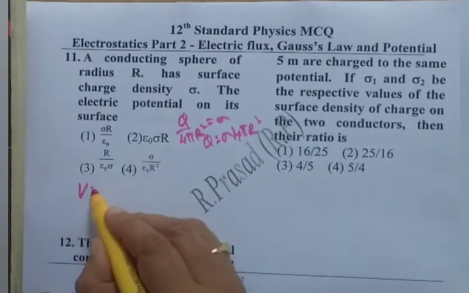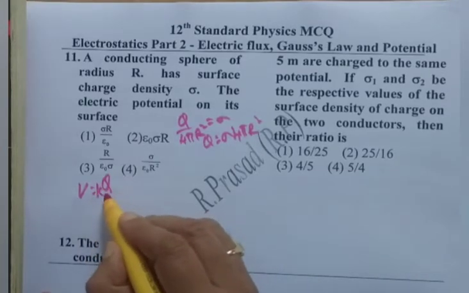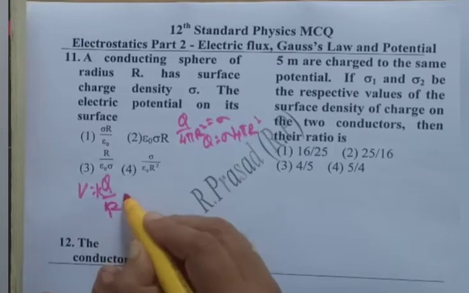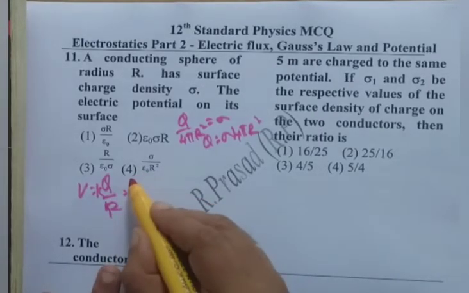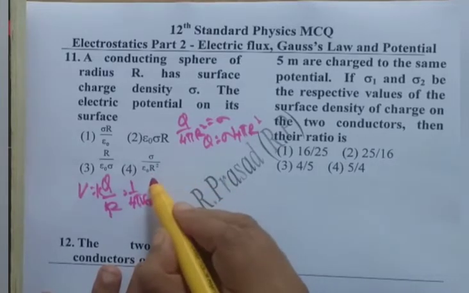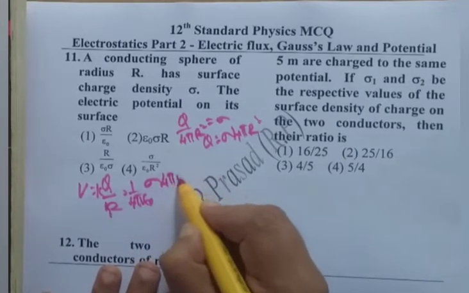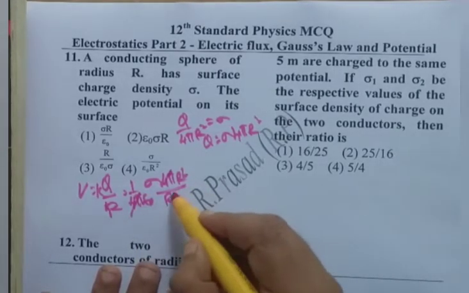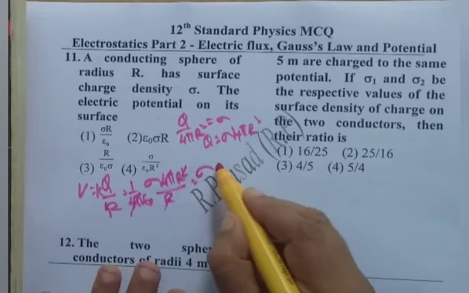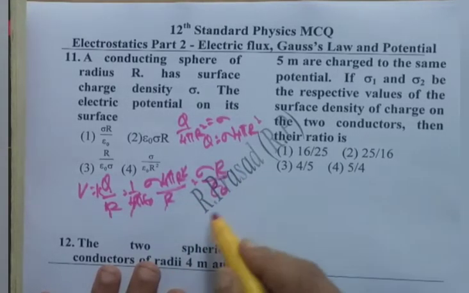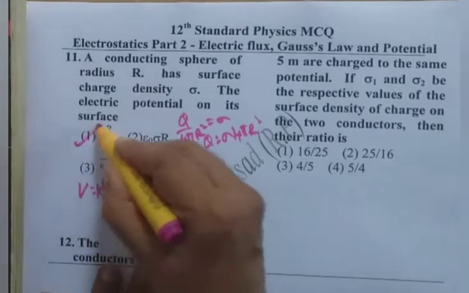But we know the potential is kQ by r on the surface of the sphere. K is 1 by 4 pi epsilon naught. Q is sigma 4 pi r square divided by r. So, cancelling 4 pi and one r, we have sigma r in the numerator and epsilon naught in the denominator. Therefore, option 1 is right.